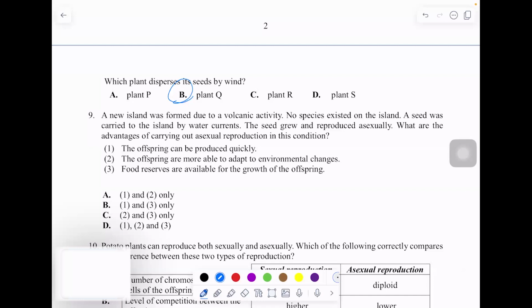Definitely it would be correct, because they will use the nutrients stored inside the fruit or the seed, and this can help them grow very quickly in the beginning until the leaf has come out.